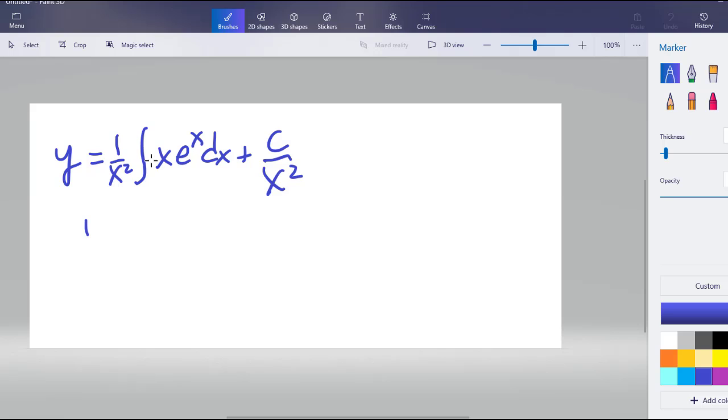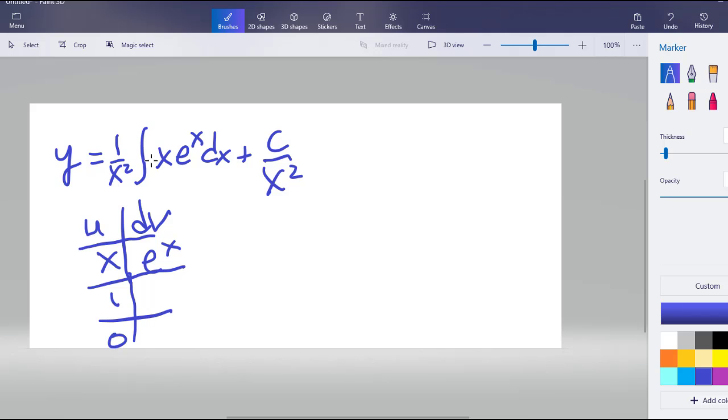So if we set this up with just the tabular method, we'll have x and e to the x. Continue this down. 1 and then 0 are the derivatives. Derivative of x is 1. The integral of e to the x is e to the x. We integrate down the second column.